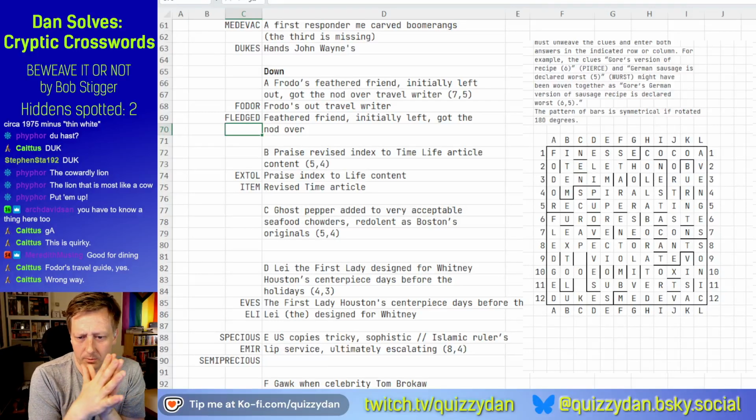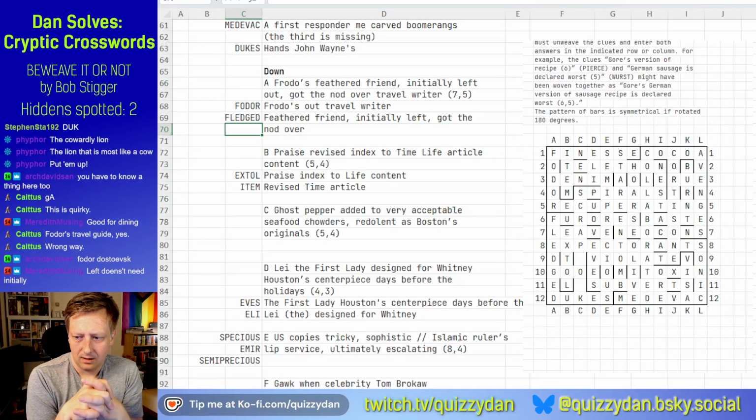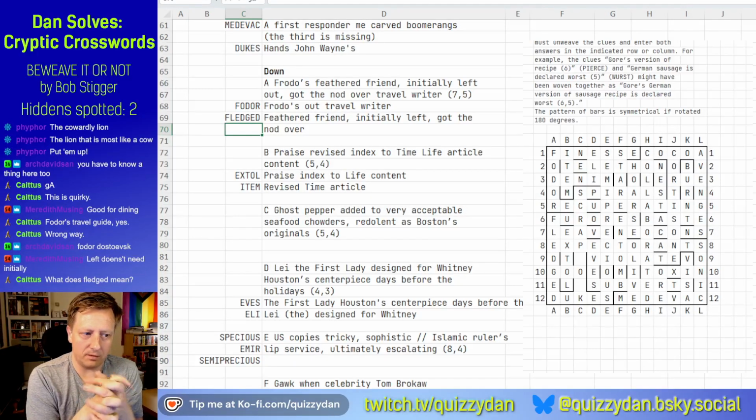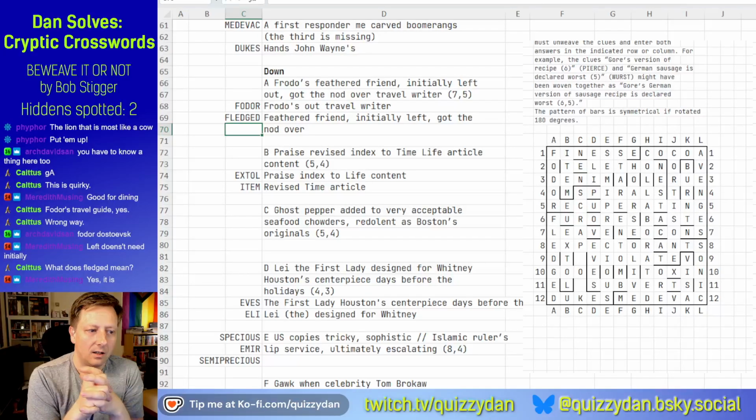It is fledged though, isn't it? Left doesn't need initially, but Fodor doesn't need initially either. To fledge is to be like a bird. To fledge, that's to leave. But is there another meaning that I haven't taken into account then?